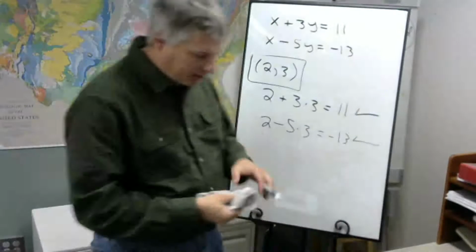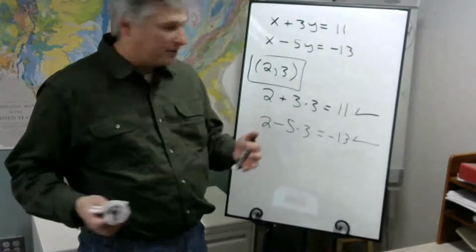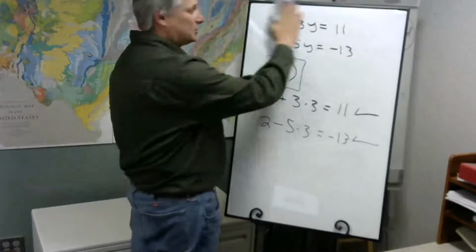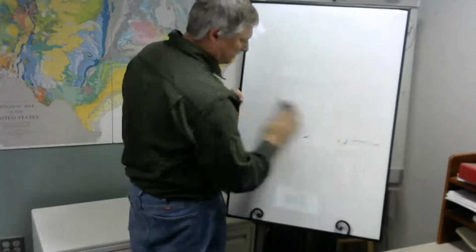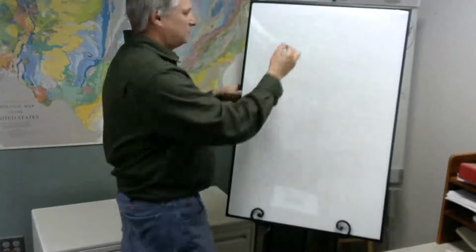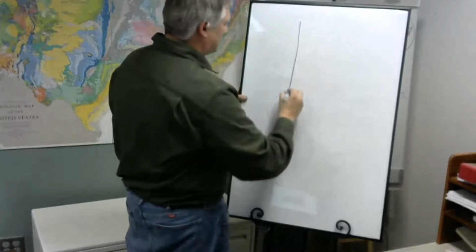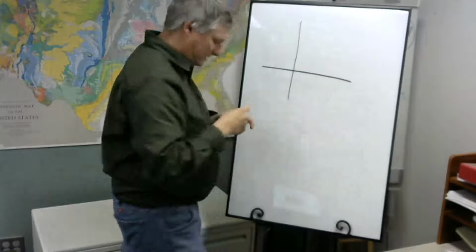Now, in this section, we look at finding solutions through two methods. Another method they don't mention is you can graph. What these equations are, they're lines, they're linear equations. So if you graph these, what you're going to get are two lines.